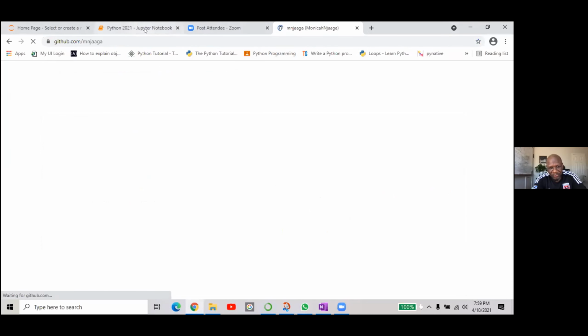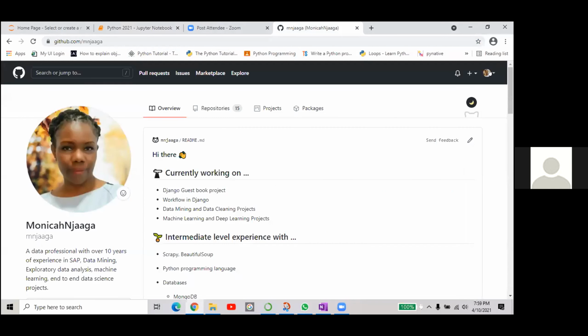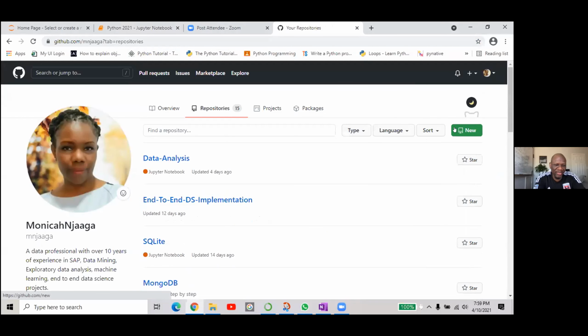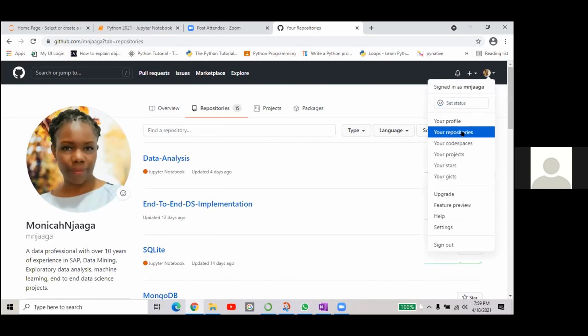Okay, so this is Monica sharing, and this is my GitHub. Make your GitHub sexy like Monica's. Don't make it boring, so that when people visit it, they want to come back. That's a message for everybody. All right, so I will go ahead and actually create a repository.